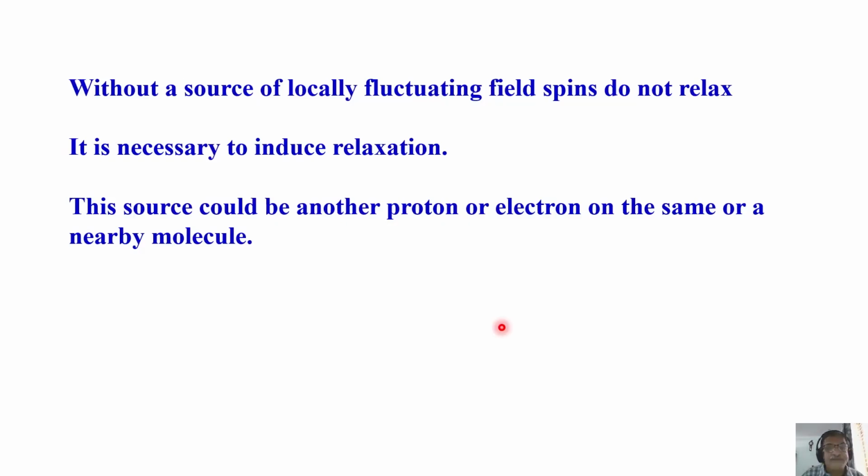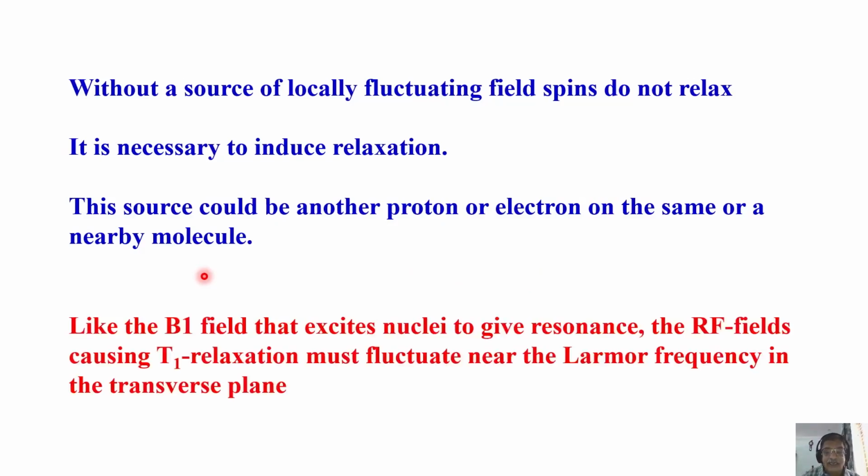Now I also said there must be a source of fluctuating field without which spins cannot relax, and the source must be something else. What is the source? The source of fluctuating field must be some other proton, some other electron, or any other nearby molecule. And it is necessary to induce relaxation. If there is no fluctuating field, spins do not relax. Okay? You will understand that later.